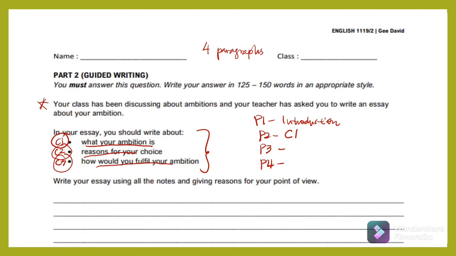Meaning what would you do to make sure your dreams come true? So we are talking about your actions here, or your planning. What do you plan to do so that you'll be able to achieve your dreams, to achieve your ambition? So what would be your actions in order to achieve your ambition?